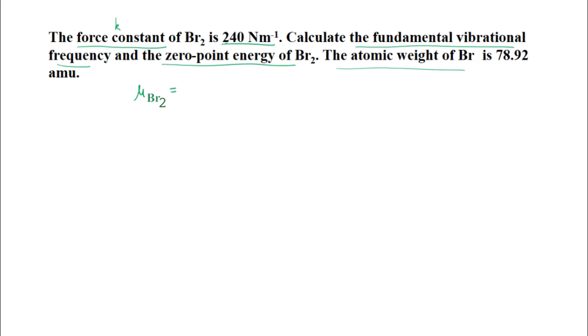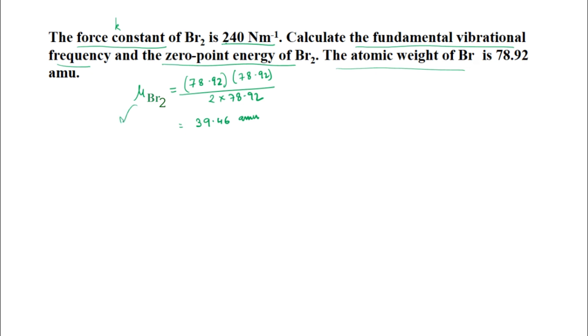So, the reduced mass of bromine is 78.92 times 78.92 divided by 2 times 78.92, that is 39.46 AMU. But here, bromine is a homonuclear diatomic molecule.